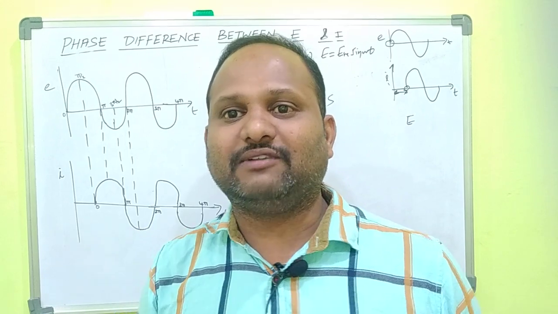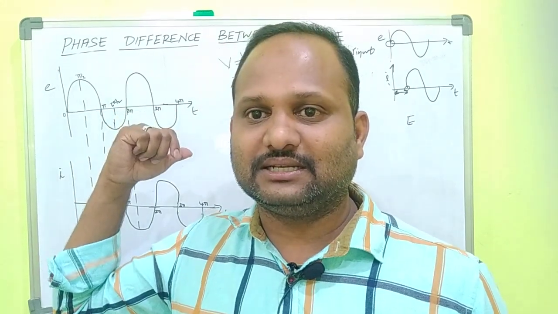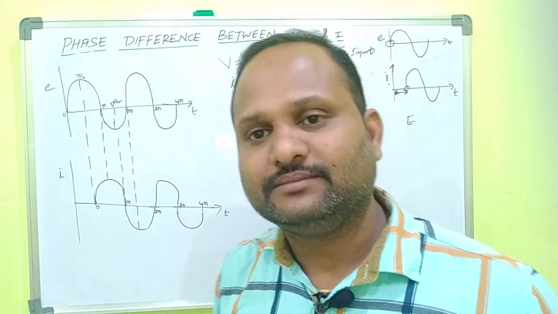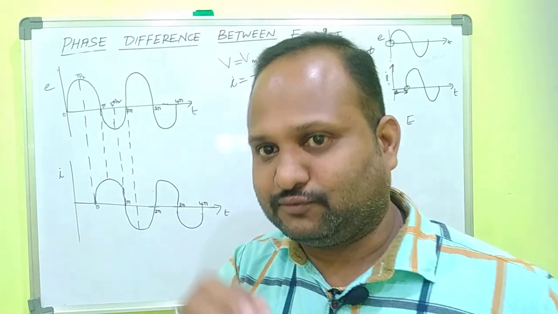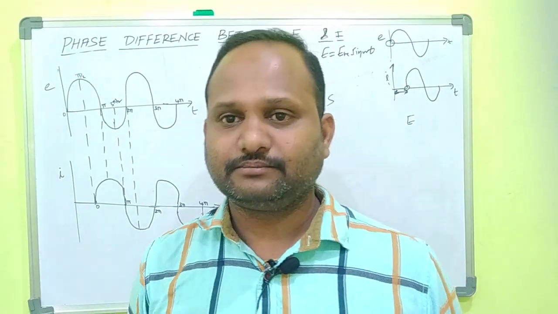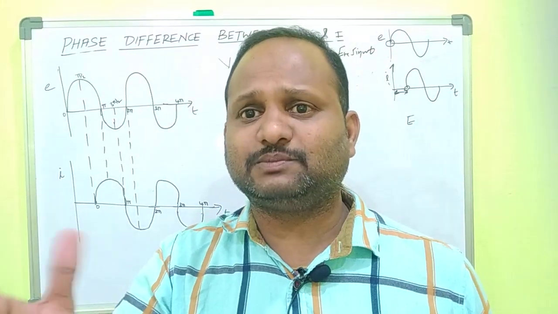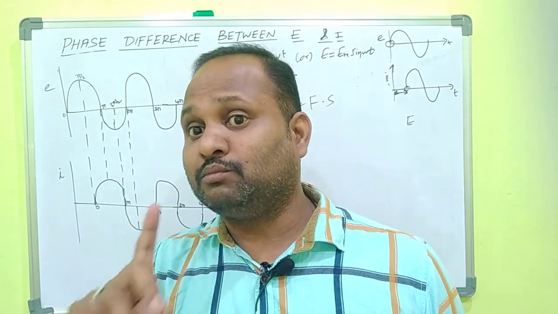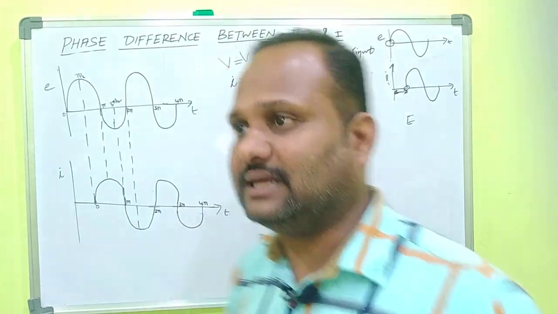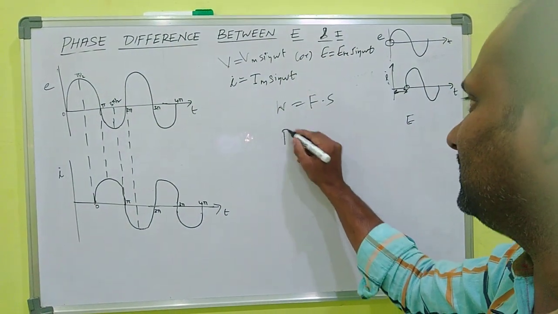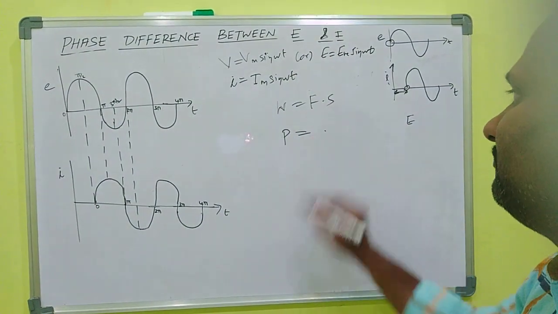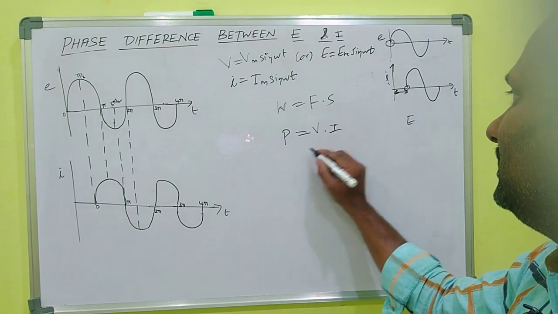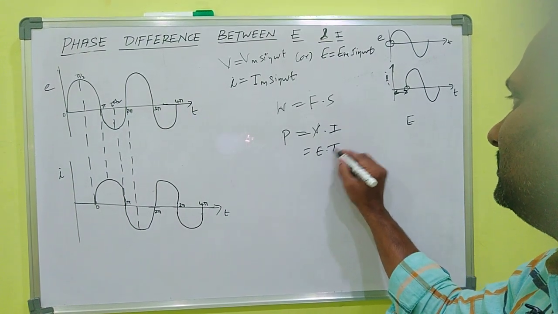Here, consider EMF as the force provider, which provides force. So the charge carriers are displaced, and the current will be produced. When both of them are present, there will be power, because the formula for power is the product of voltage and current, here EMF and current.